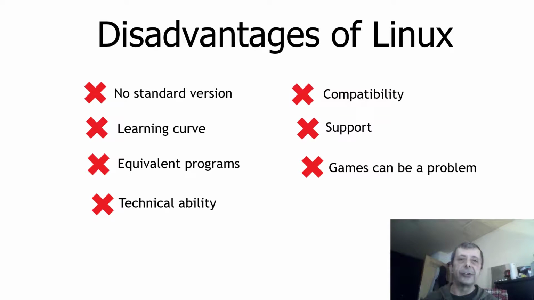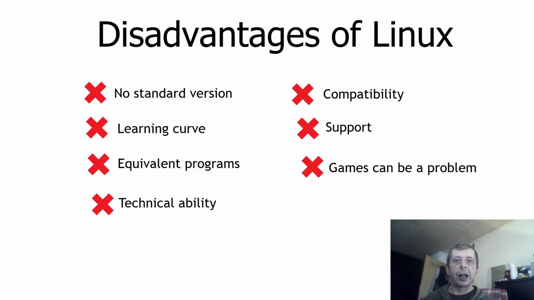Anyway, no standard version. There are about 5 or 6 what I call root distros of Linux. Debian, I don't know, Slackware, Red Hat, and so on and so forth.